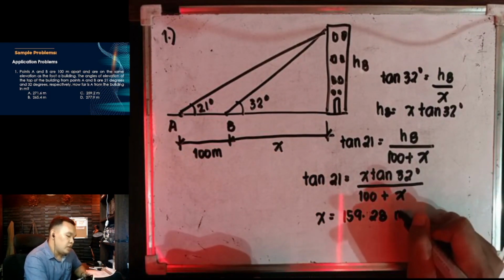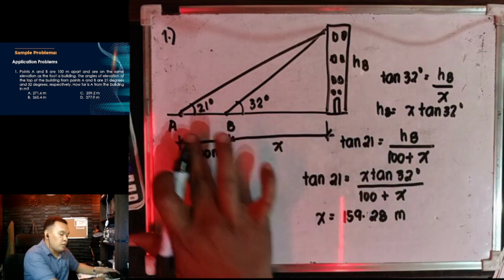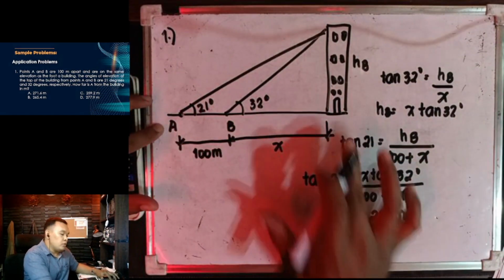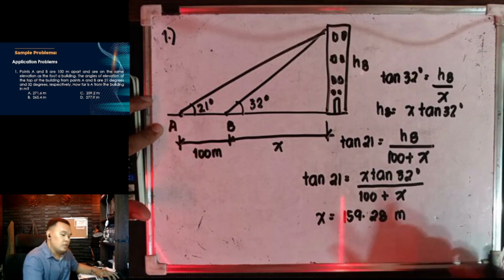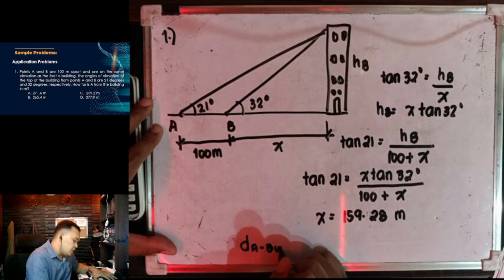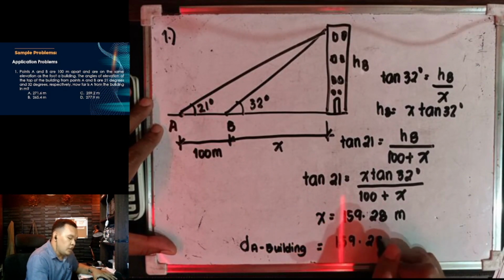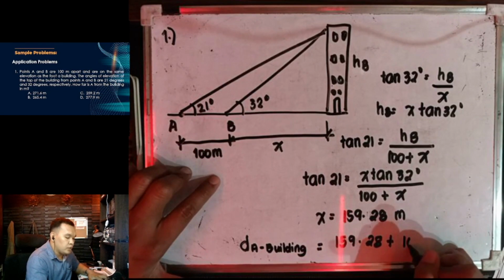So ito ay naka-meters. Para makuha natin yung distance from A to the building, we could add the 100 dito. So distance A to building is equivalent to 159.28 plus yung distance na to, which is 100.